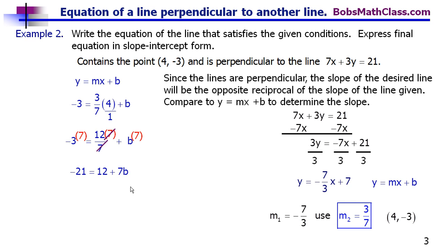Now get b by itself, subtract 12 on both sides. Those are both negatives now, so two negatives we add. -33 = 7b. Divide by 7. So b = -33/7.